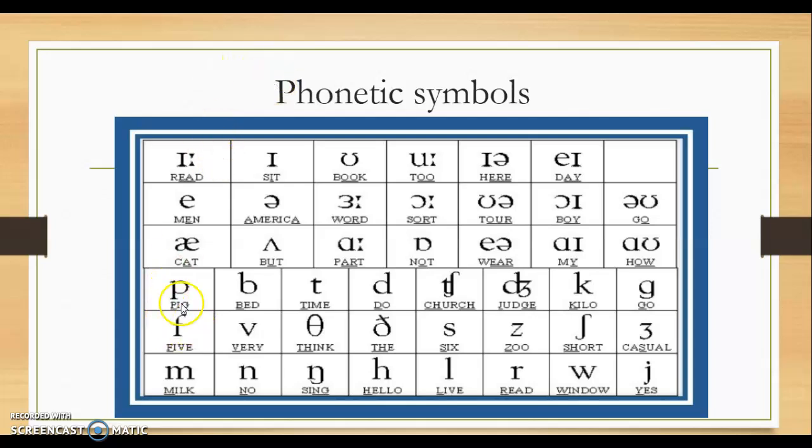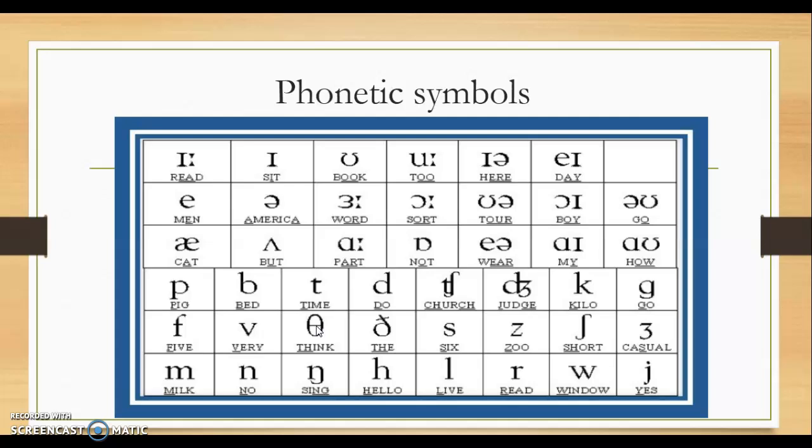Okay. The vowels are similar. Big, bed, time, do. But these symbols, this one and this one, are different from our alphabet. And this one, which is my favorite, okay? When the TH sound is soft, we're gonna use this symbol.